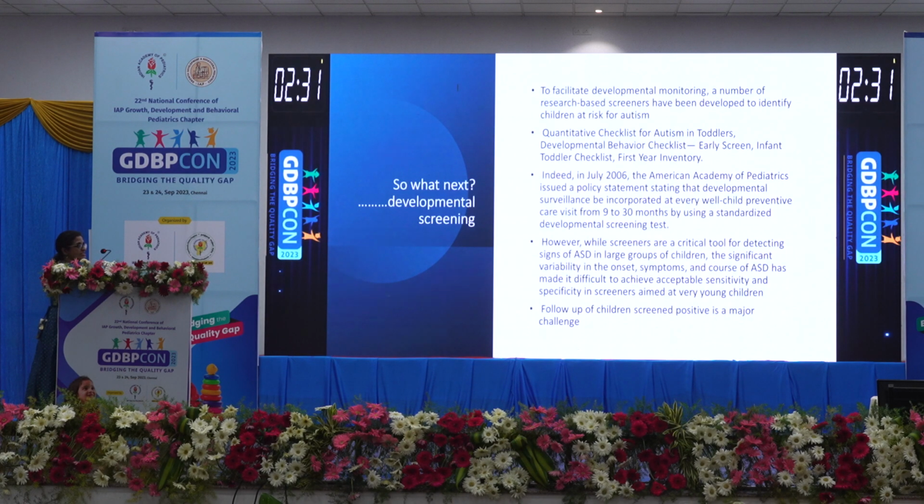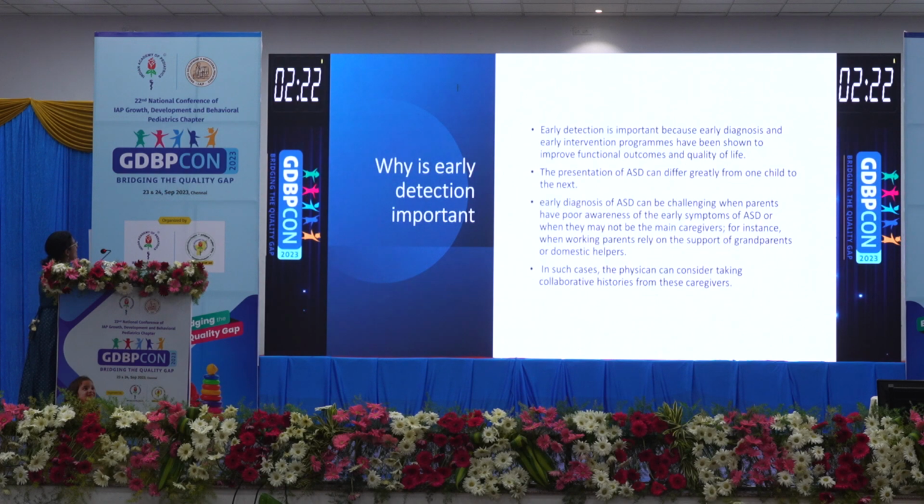So what do we do next? We can do a developmental screening. There are a lot of tests available. But why is it important? Early detection through screening methods helps in early diagnosis and early intervention programs, which improve the functional outcome.